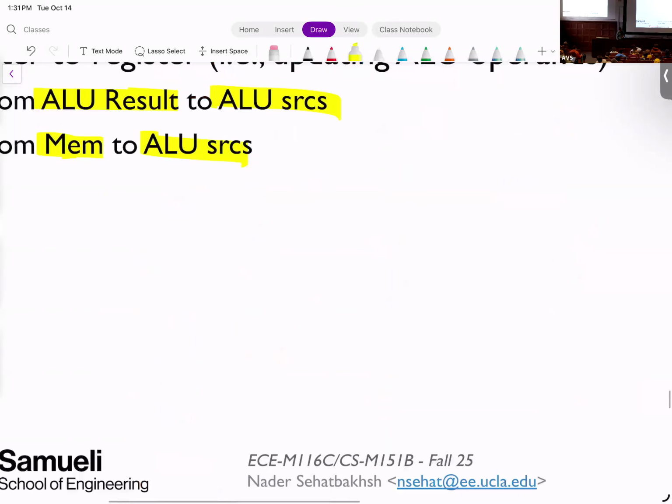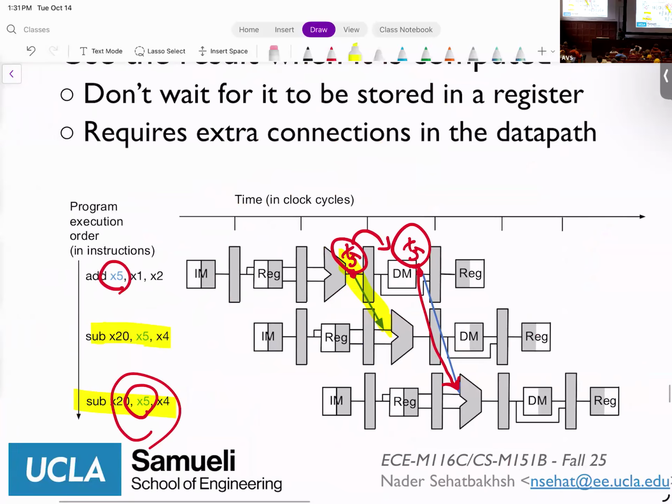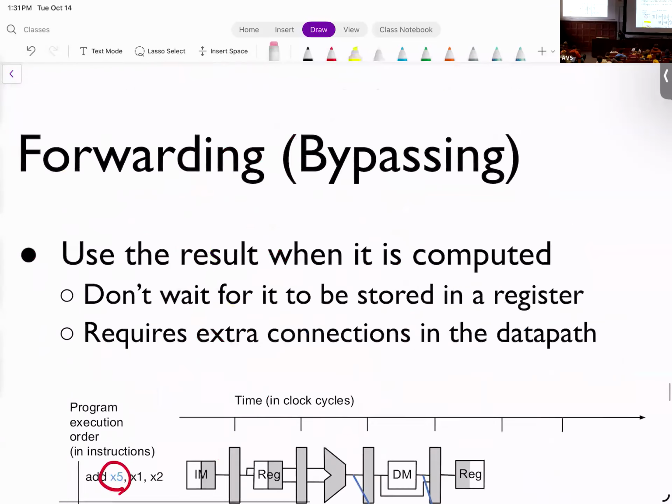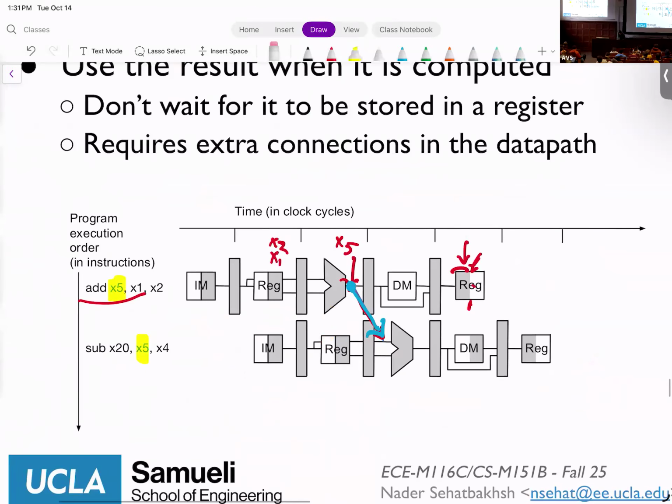So again, if you look at this timeline, actually, let me go back one. Yeah. So repeating this, in cycle number 2, you have X1 and X2. In cycle number 3, you have X1 here and X2 here, and you have your updated value of X5 here. So this is the correct value of X5.